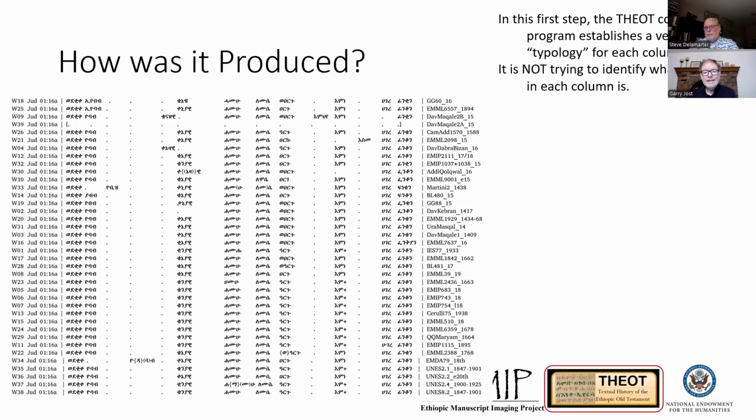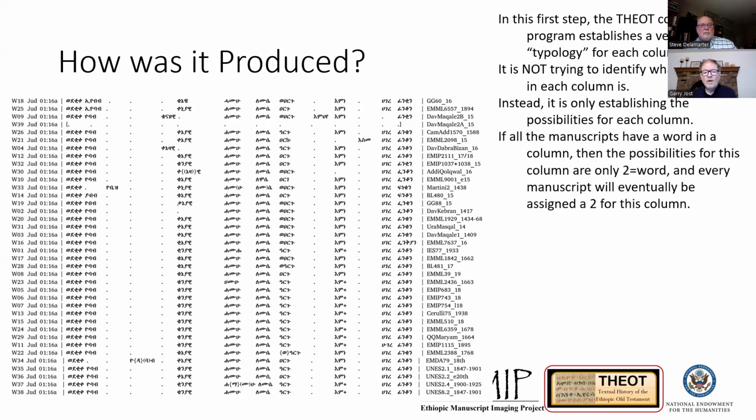It's not yet trying to identify what the word is in each column. Instead, it only establishes the possibilities for each column. If all the manuscripts have a word in a column, then the possibility for this column is only 2, word, and every manuscript will eventually be assigned a 2 for this column.